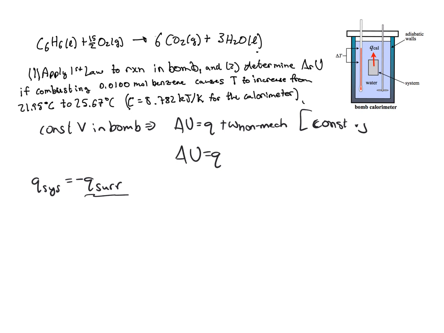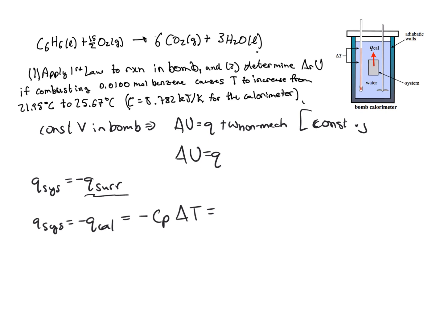So the surroundings are our calorimeter, so we can say, again, just plugging this in, Q sys is equal to negative Q cal, which is equal to negative CP delta T. And that we can just plug in and solve. So the change in temperature in the surroundings tells us how much heat flowed into the surroundings using this definition.